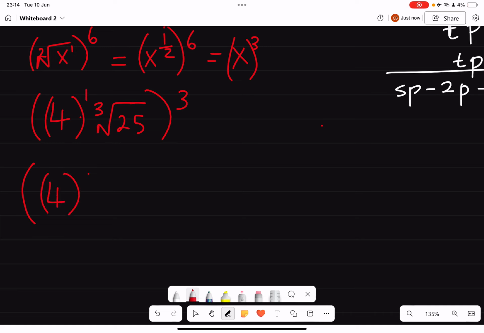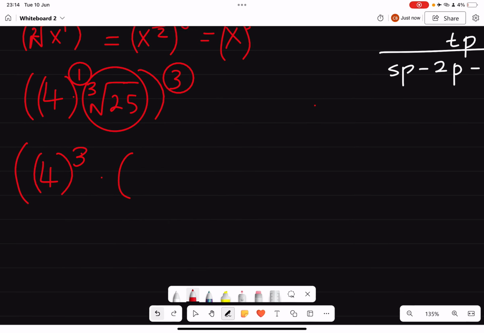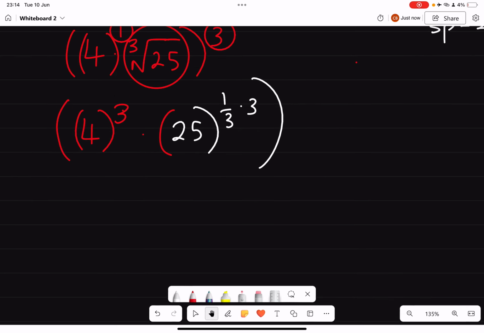So it's going to be 1 multiplied by 3, which is 3. Then you need to remember that a cube root of 25 is basically 25 to the power 1 over 3, and we need to multiply that by 3. You see? Good. And then this will give us 64. This will give us 25, because the exponents will neutralize each other to 1.